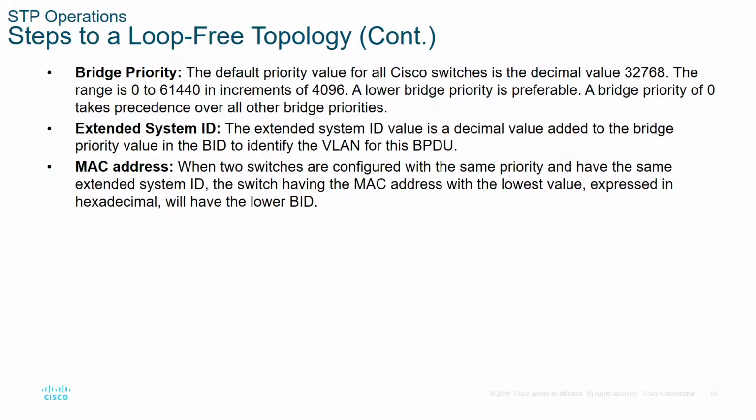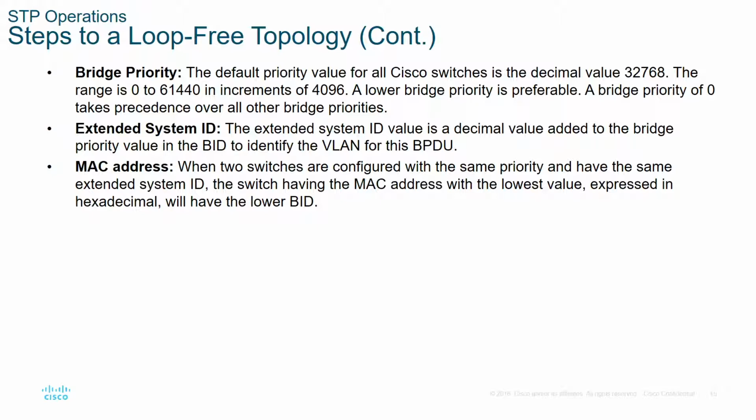So in order to determine the root bridge, it's the one with the lowest priority that we're essentially looking for. The extended system ID is a decimal value added to the bridge priority value in the bridge identity, to identify the VLAN for this particular BPDU.